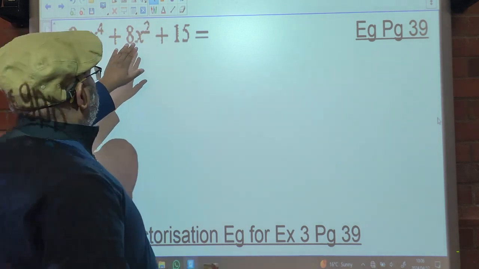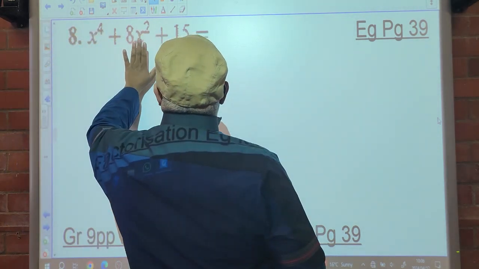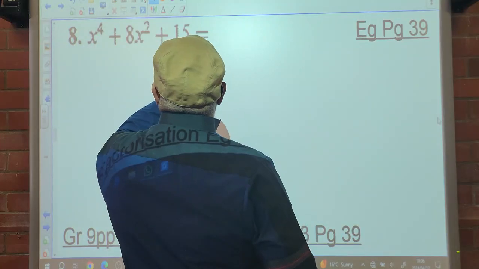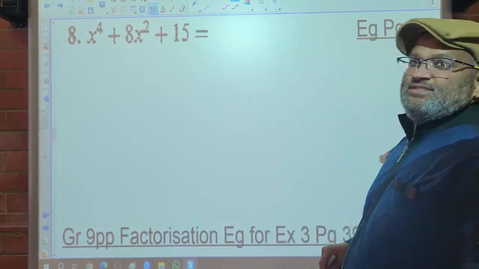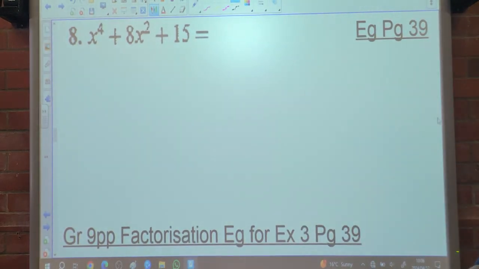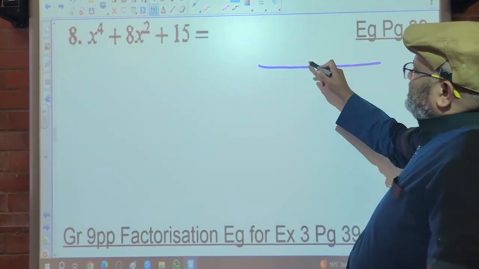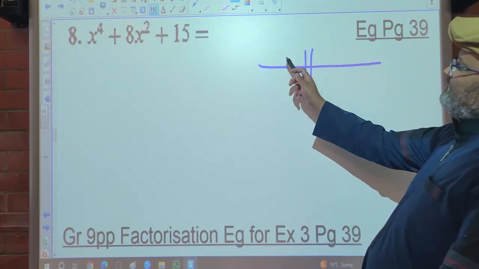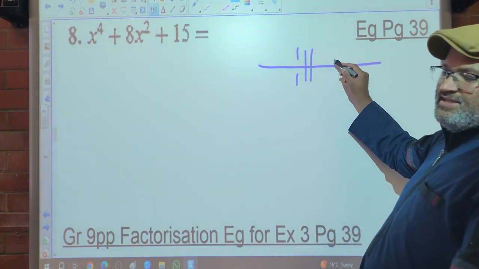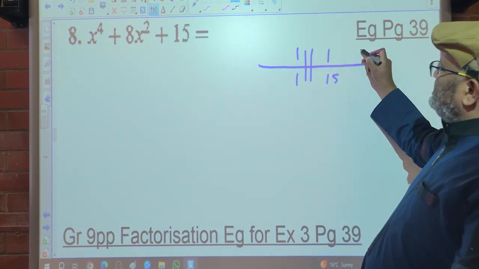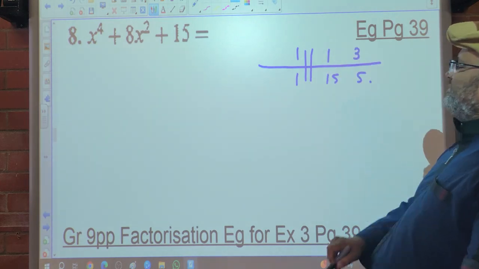Now as you can see, in the brackets will be x squared and x squared, because x squared times x squared is x to the power 4. So that is a trinomial in the format that we need it to be. So what do we write on this line? What goes here? 1 and 1. What goes on the right hand side? 1 and 15. 3 and 5.